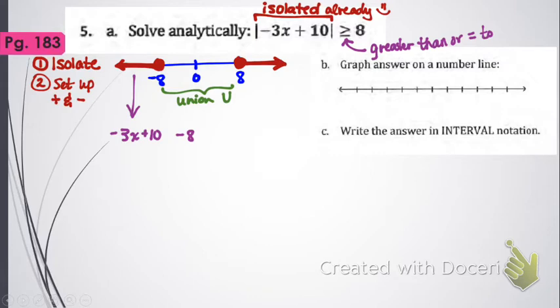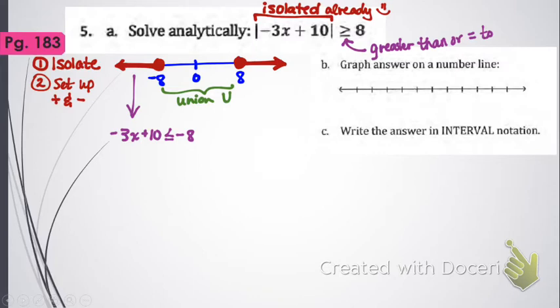If it is shaded off to the left, like this, what kind of a symbol do I use for that? Do I use a greater than or a less than if it's shaded to the left? Less than. This is going to be a less than or equal to here, even though my original problem had a greater than. It's because that's what gets me more than 8 steps away from 0. Is it shaded anywhere else?